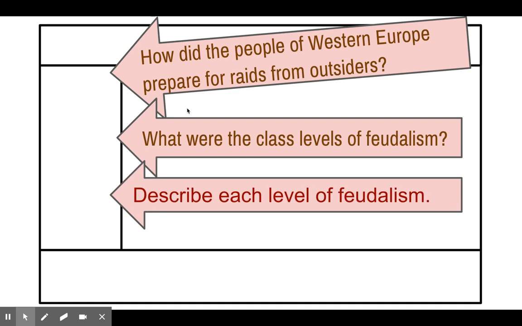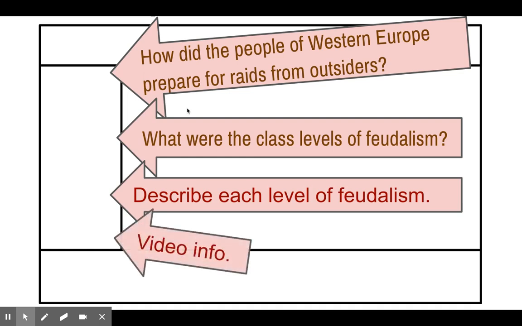Describe each level of feudalism, and you're going to watch a short video when you're done and take any notes from there. I would evenly space these out so that you have room here in the notes section. I'll be honest with you, you won't be writing a lot of notes today, unless, of course, you have to do it on your own with the textbook.